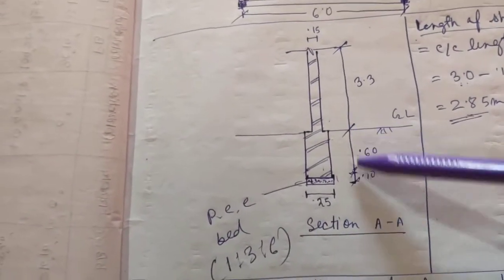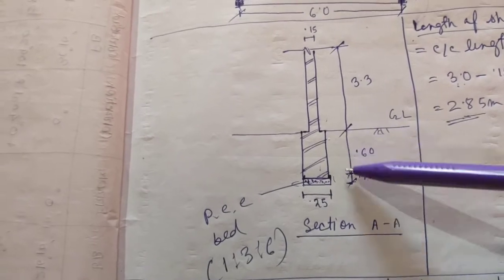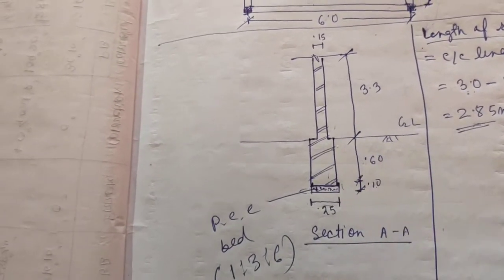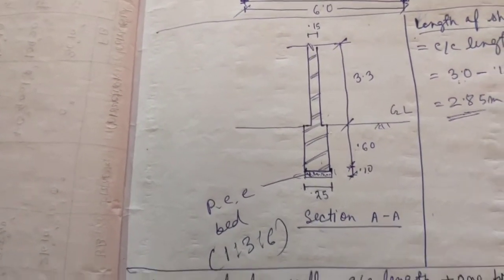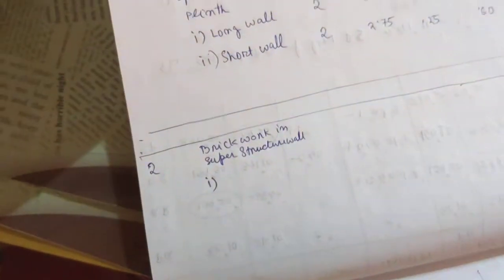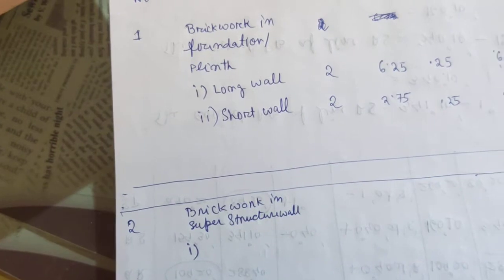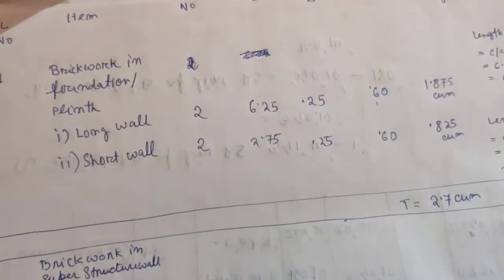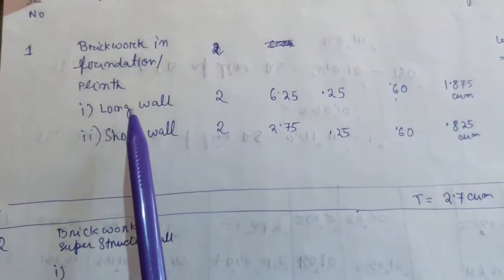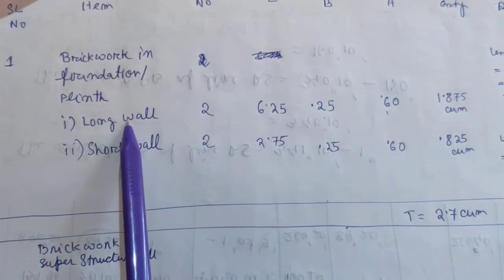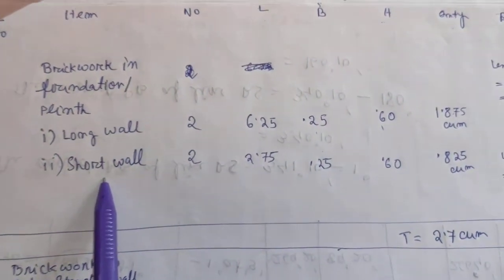That means the brickwork which is below the ground level, the brickwork in substructure or foundation. How will we find that out? Since we are doing this separate wall method, we need to find out the brickwork separately for long walls and separately for short walls.